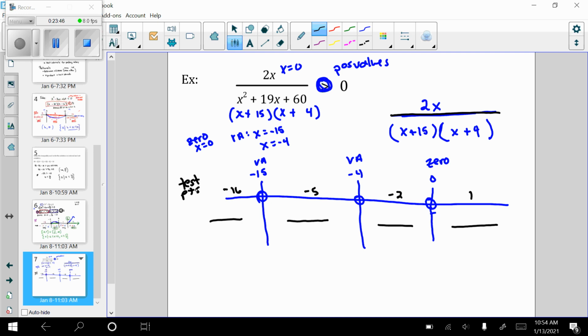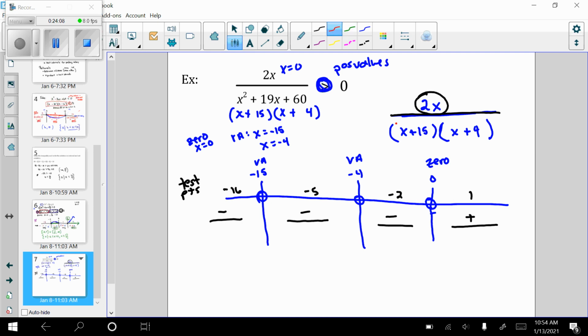Let's do the numerator first. Let's plug in those test points in the numerator. 2 times negative 16 gives negative. 2 times negative 5 is negative. 2 times negative 2 is negative. 2 times 1 is positive.